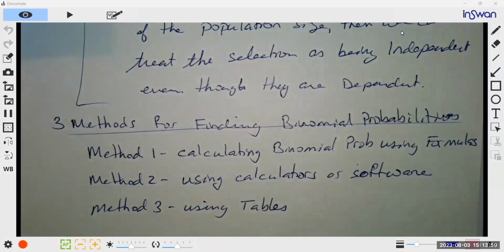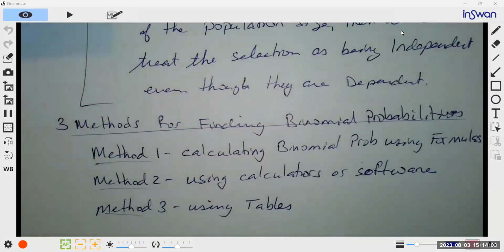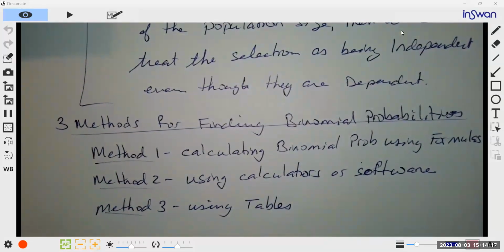All right, so we're going to look at all three of these. It's best that you know how to use all three of these, because if you ever lose your calculator or don't have your computer with you, or whatever reason, you always know how to do it by calculating or using tables.